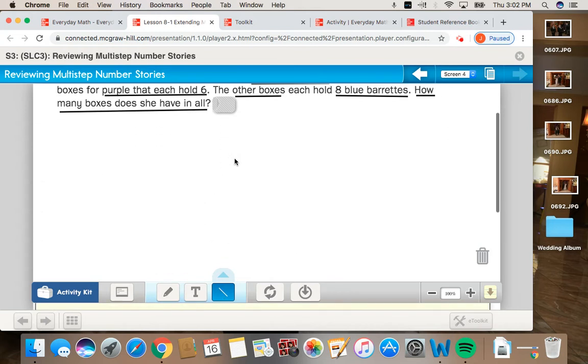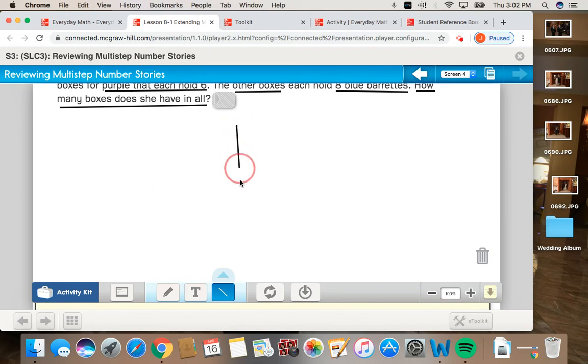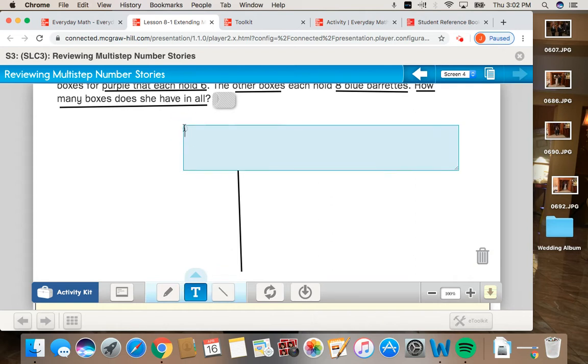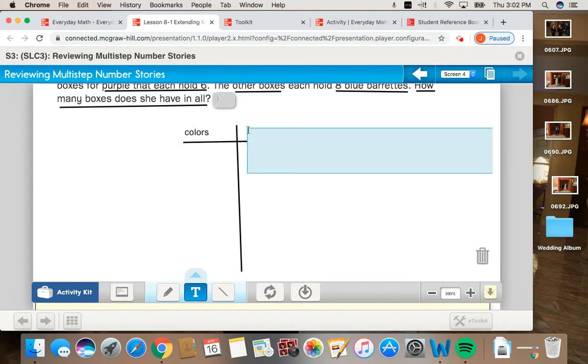And this time my T-chart is going to be for my boxes. Let's see. And I think this is going to be for my colors. And I think this side is going to be for number of barrettes.